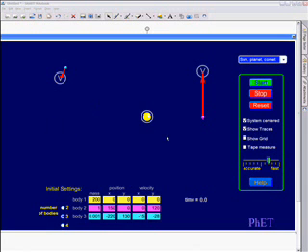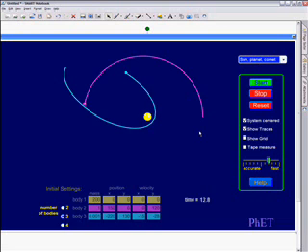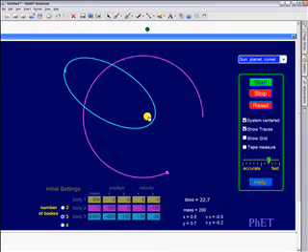Okay, so let's take a look at this flash again. And this time we have a planet and a comet, and the comet's going to go around in an elliptical orbit, whereas the planet's going to go around in a more spherical orbit. Okay, so an ellipse with the sun at one of the focal points.